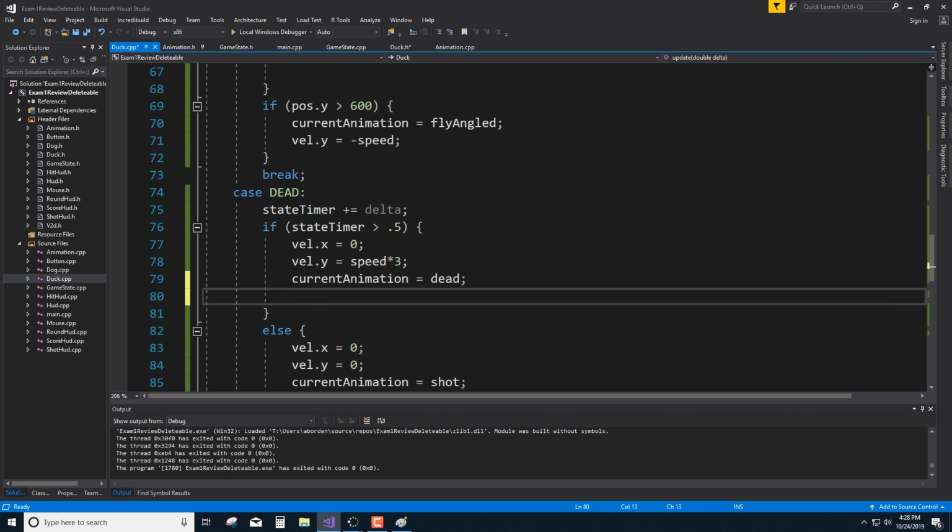It's not a bool. I don't think we can just say flip equals not flipped. It's an int, so.